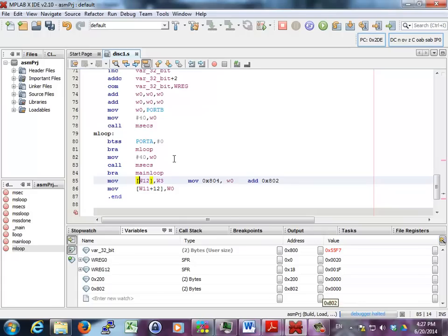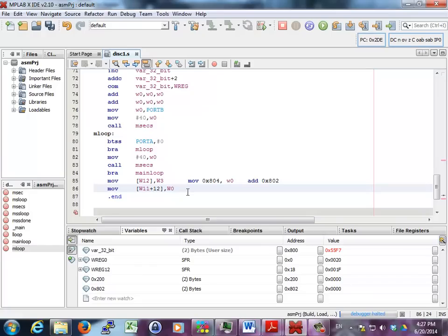Each time that you're executing this instruction, you are in fact picking a different value from the memory. This becomes a little bit more clear once we look at the opcodes and how these assembly instructions translate to the stuff that goes into program memory. But that's essentially what the indirect addressing mode is used for.